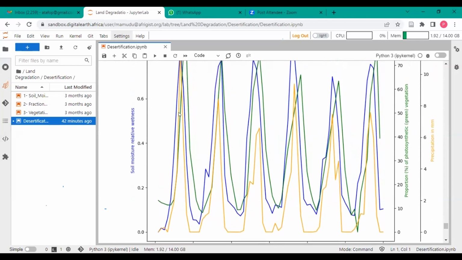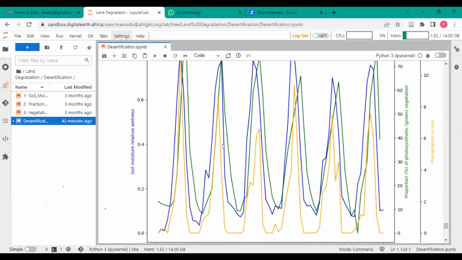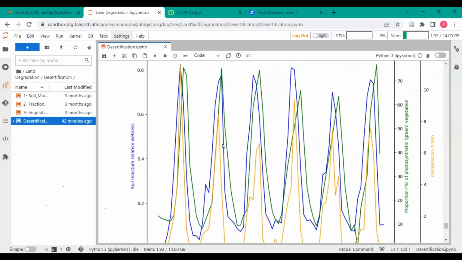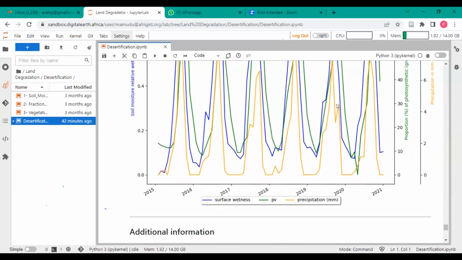And we can look at this together to be able to see how much each of these factors worked together and in which periods we had the driest years, which gives us some indication of desertification.